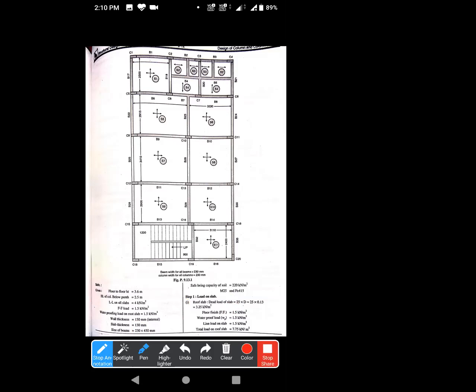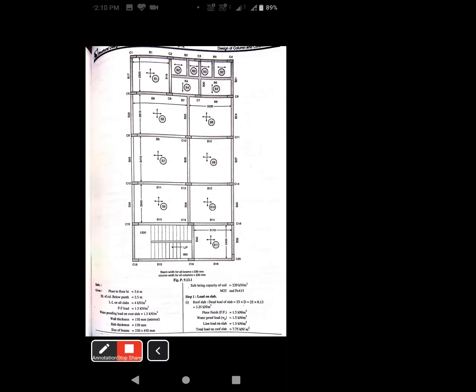Waterproof load is 1.5 kilonewton per meter square. Then live load on slab is 1.5 kilonewton per meter square. Total load on roof slab is going to be 7.75 kilonewton per meter square. You have to calculate all these values from the dead load up to the live load on the slab.